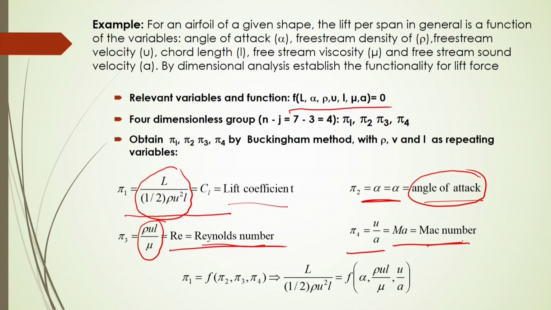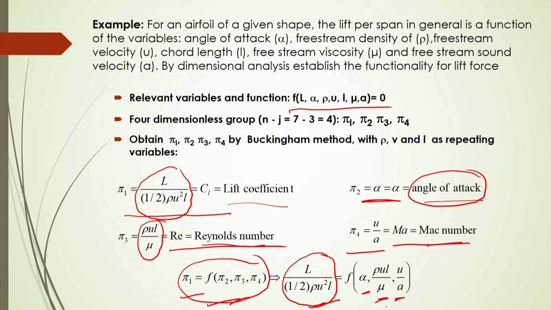So, we form the functionality based on these dimensionless groups: phi 1 is a function of phi 2, phi 3, phi 4. Substituting, the lift coefficient is a function of angle of attack, Reynolds number and Mach number.